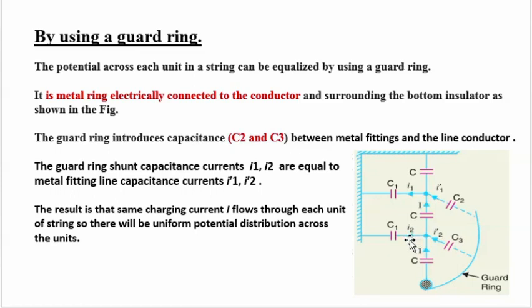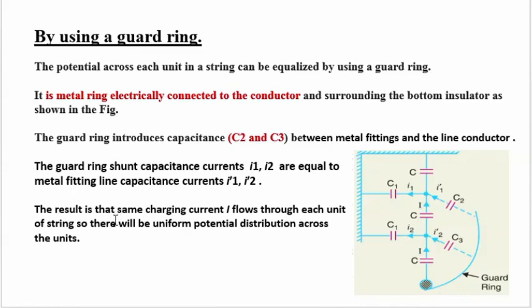this I2 which is flowing in the shunt capacitance C1 is balanced by this I2 dash which is flowing in C3. In the same way, this I1 which is flowing in the shunt capacitance C1 is balanced by this I1 dash which is flowing in C2, which is known as Dahlgren capacitance.